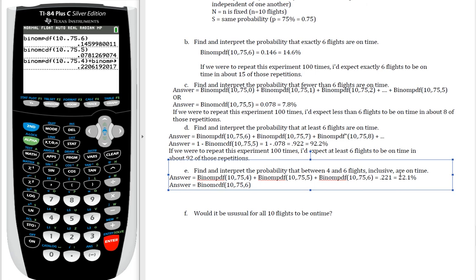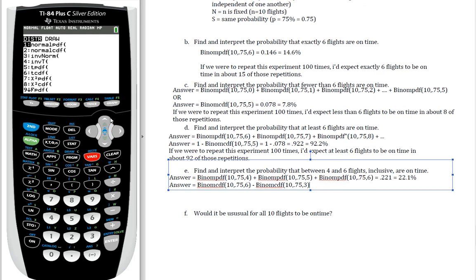So what I could then do is take Binomcdf and take away Binomcdf up to 3. That way, Binomcdf would take all the probabilities for 0, 1, 2, 3, 4, 5, and 6, and then the subtraction takes away 0, 1, 2, and 3, the only things I have left over are 4, 5, and 6, which is what I got here.